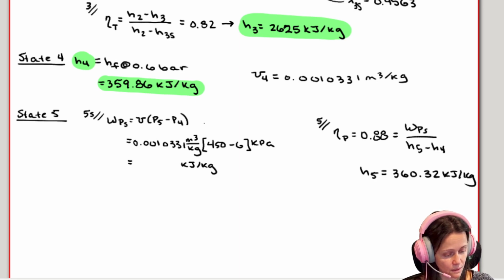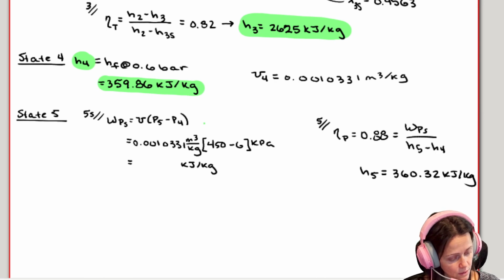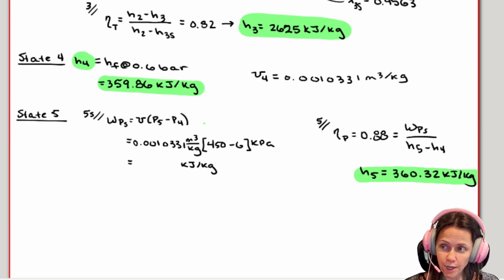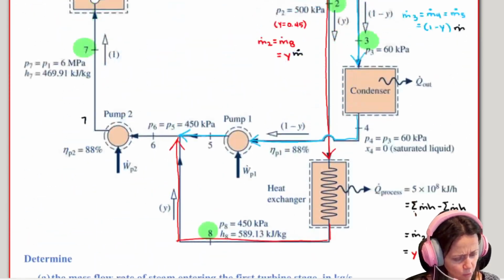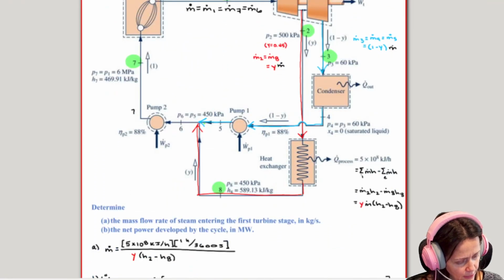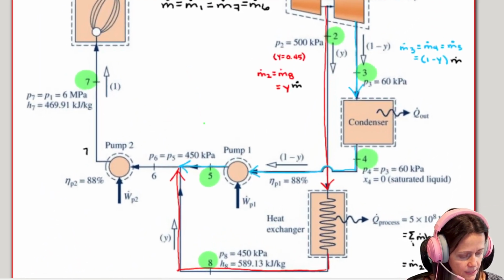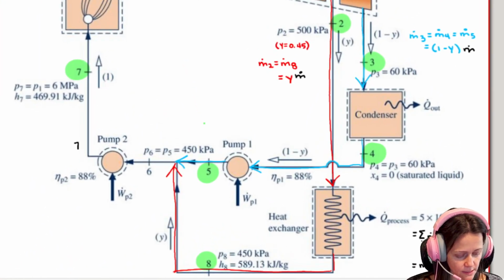All right, that feels like we needed one more, and that's it. So now we've got 4 and 5. The very last thing is this state 6.